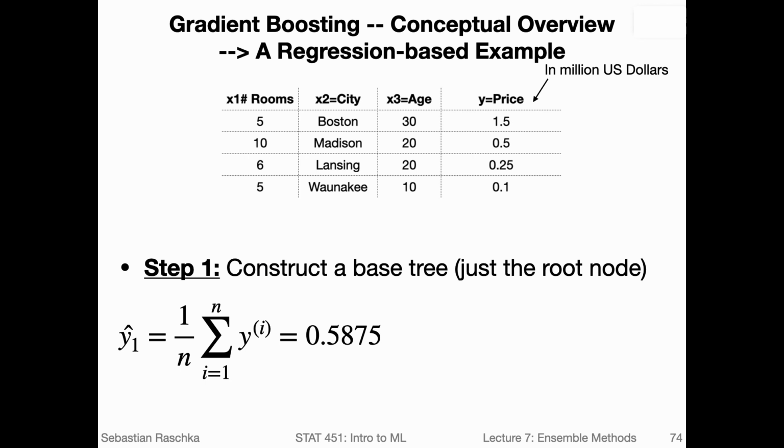For classification though, we haven't talked about logistic regression yet, and I'm not sure how many are familiar with logistic regression. It's a topic that we cover in Statistics 453 in the deep learning class. But I'm pretty sure most of you are familiar with linear regression, so it's a little bit easier to illustrate gradient boosting in a regression context where we also use the mean squared error as the differentiable loss function, similar to linear regression.